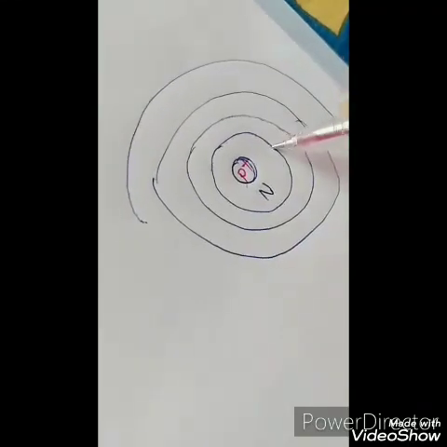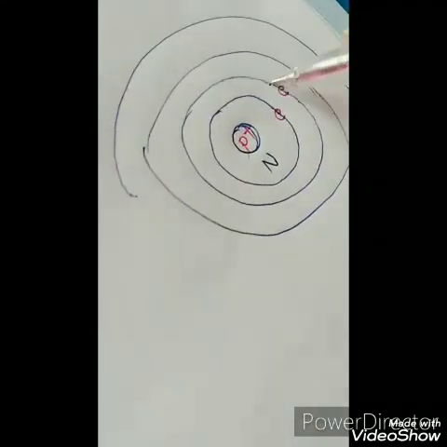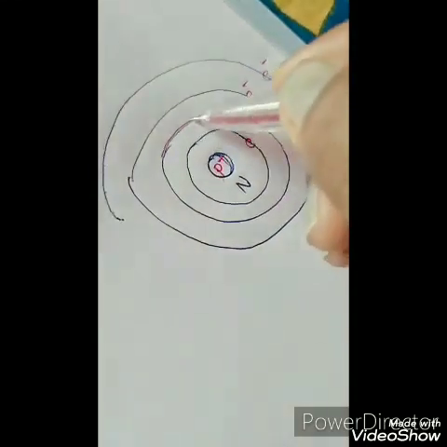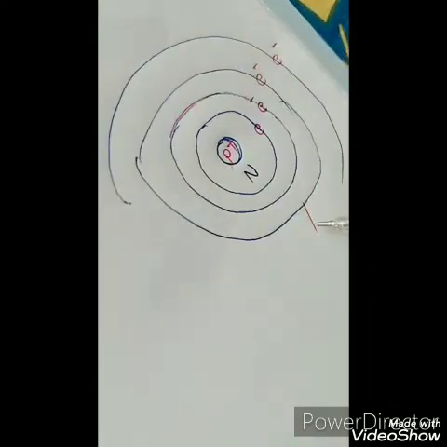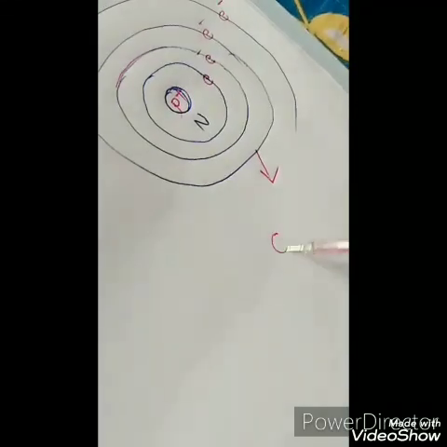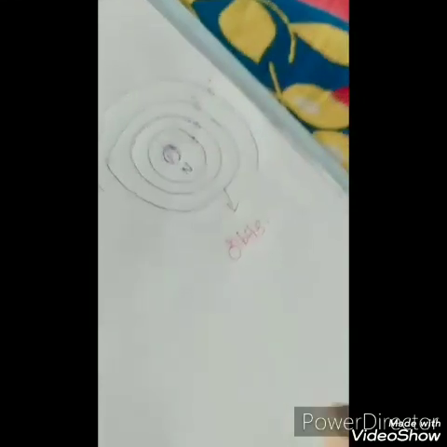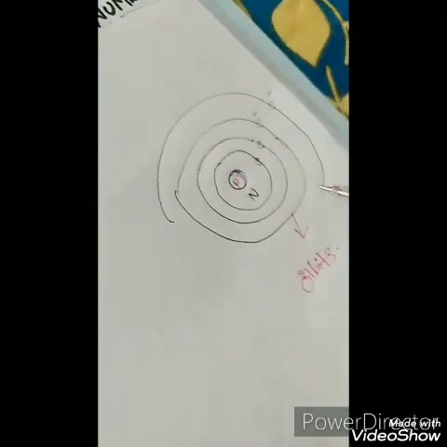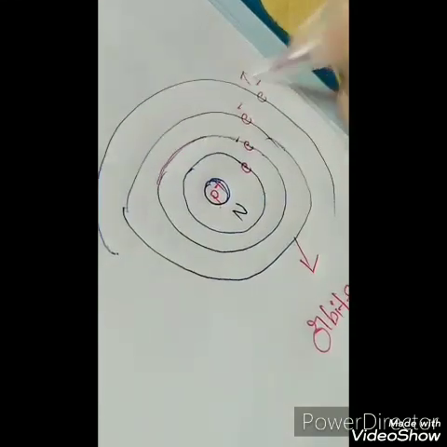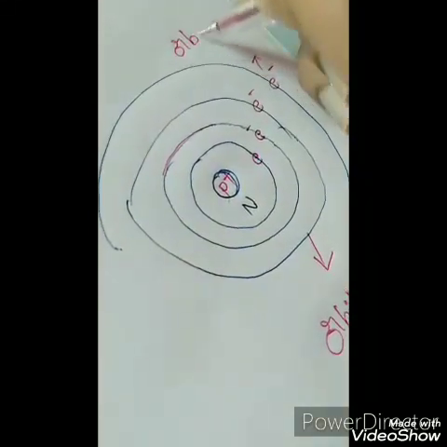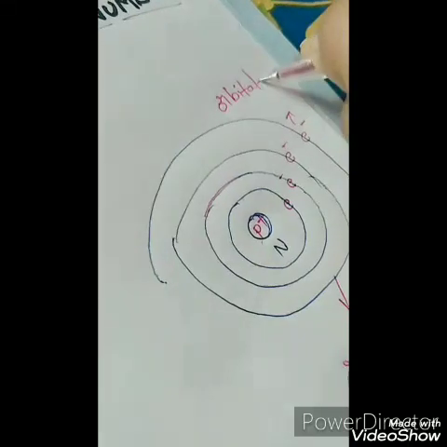And coming to electrons, electrons are present around the nucleus in specific paths. These specific paths are called orbits. And these electrons are located in specific orbitals.